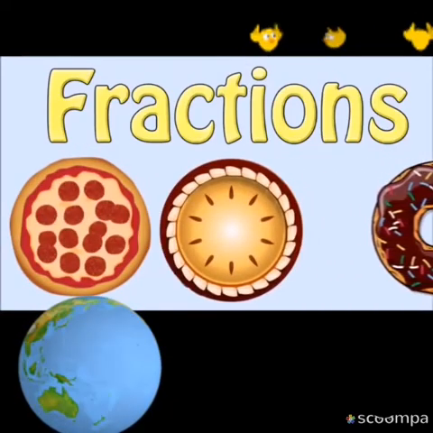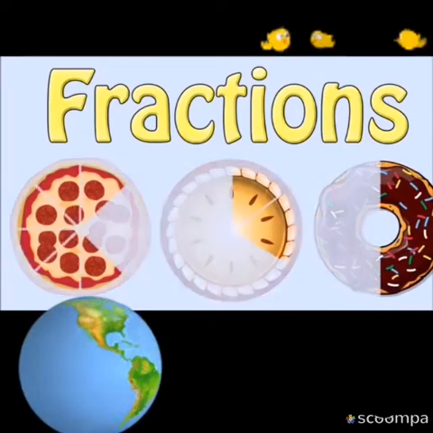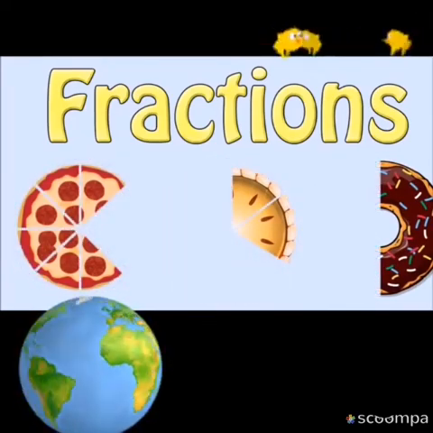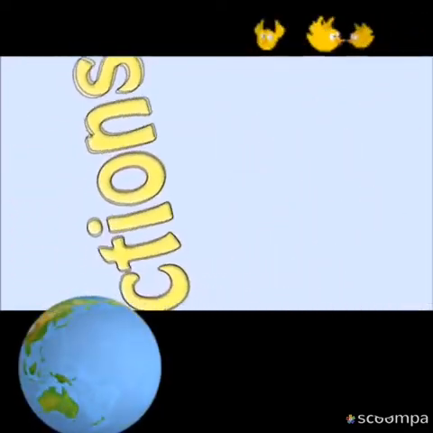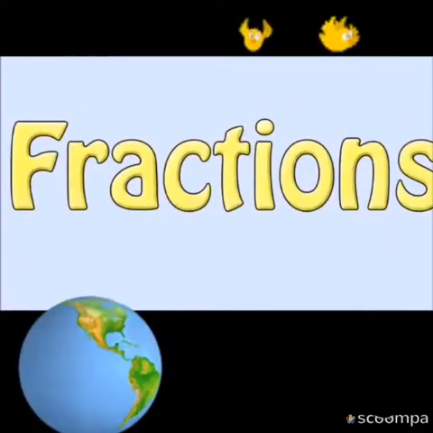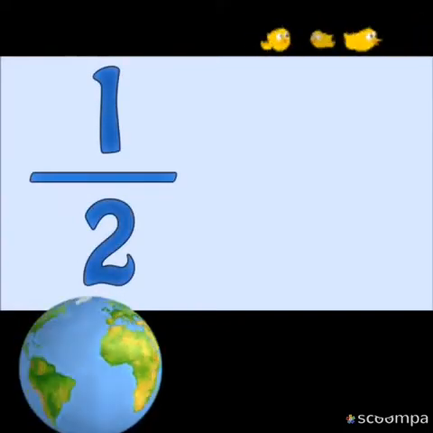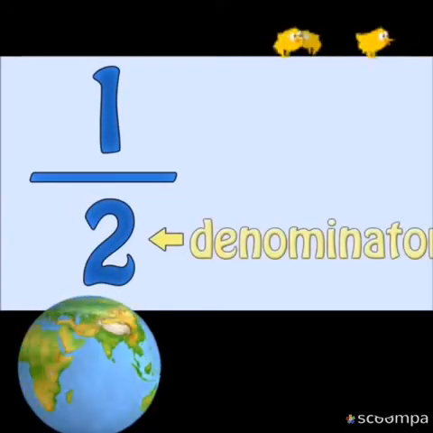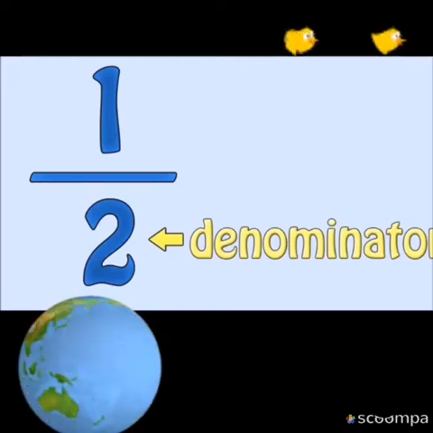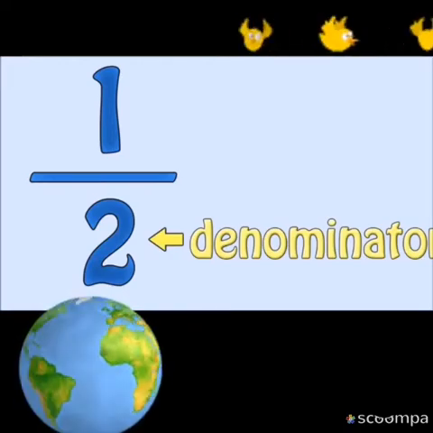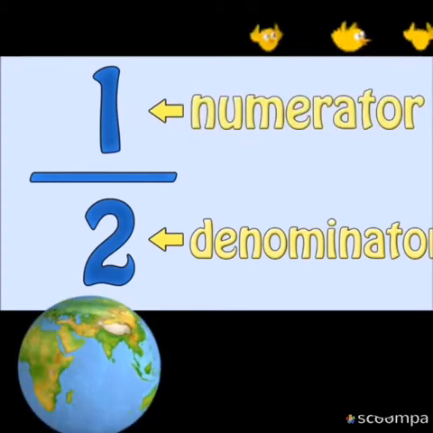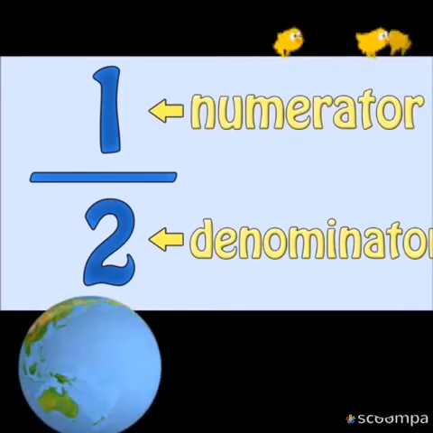I have here a whole pizza and donuts. Yes, and I want to eat some of them. Some pieces of them are missing. So I have here half. At the bottom I can call this the denominator and the top the numerator.